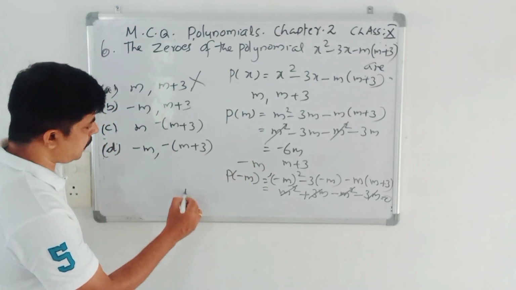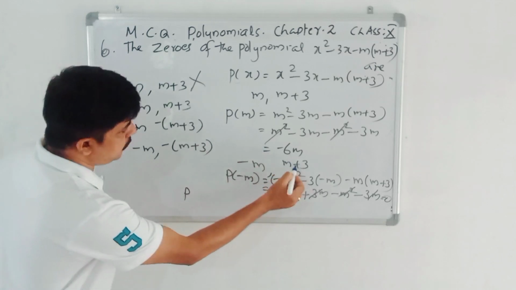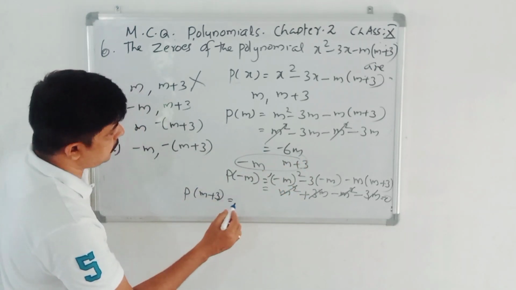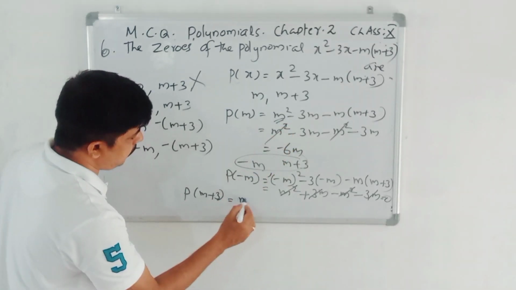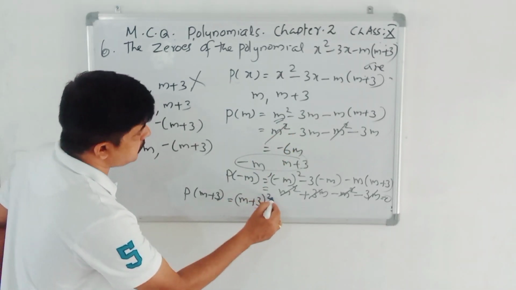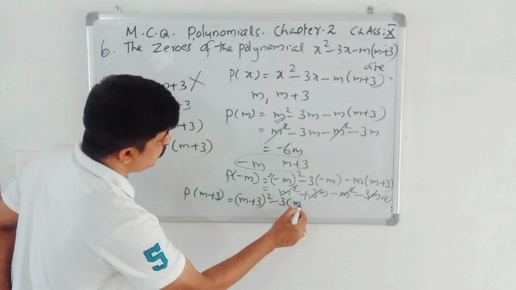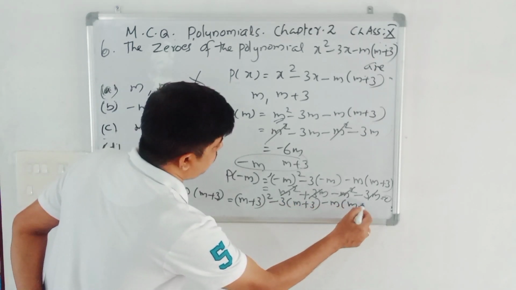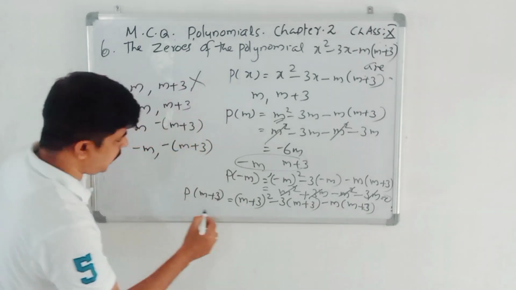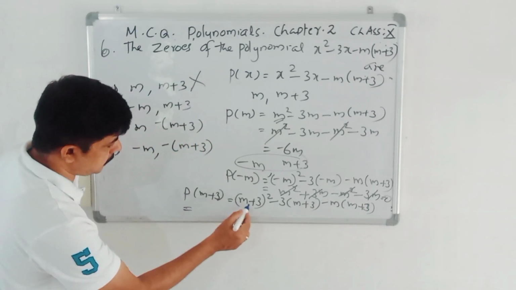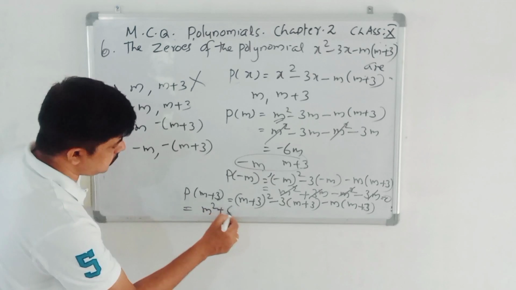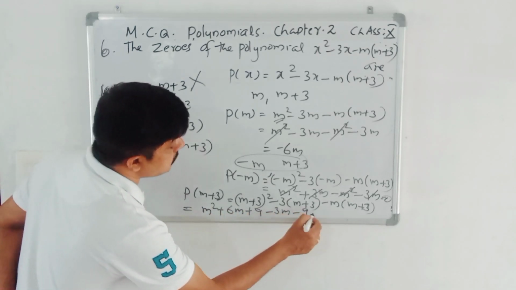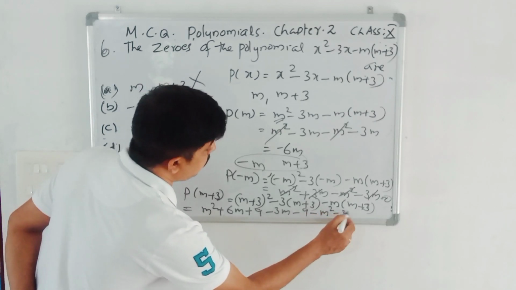Now let us try p of m plus 3. Here m is substituted by m plus 3: m plus 3 whole square minus 3 into m plus 3 minus m into m plus 3. We expand using the a plus b whole square method: m square plus 6m plus 9 minus 3m minus 9 minus m square minus 3m.